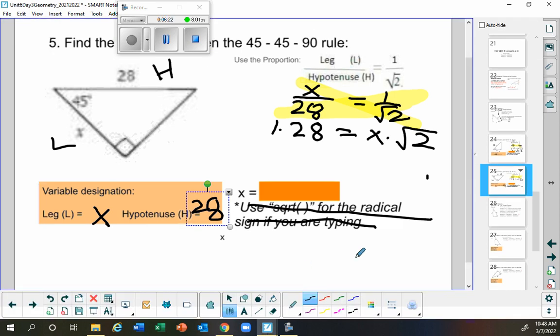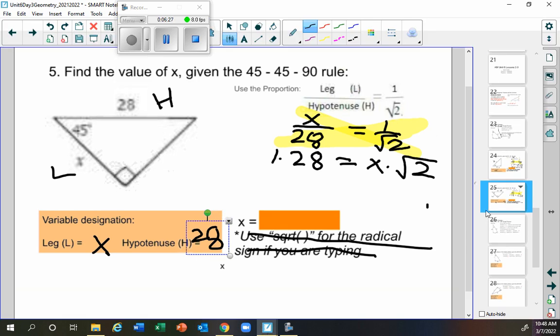Now, what's going to happen here? Did we do anything to this part, 28 times 1? No. In fact, we'll move this over a little bit. However, at first, we have x times square root of 2.